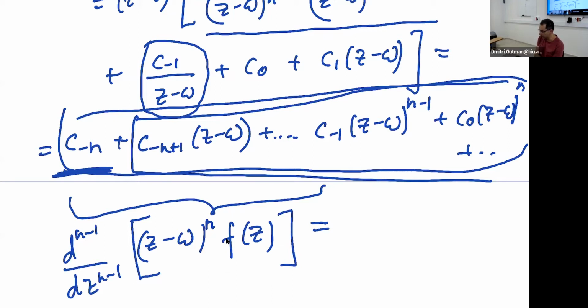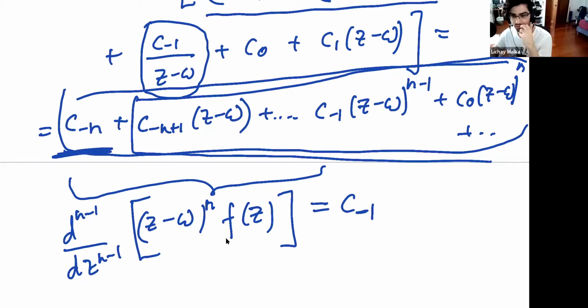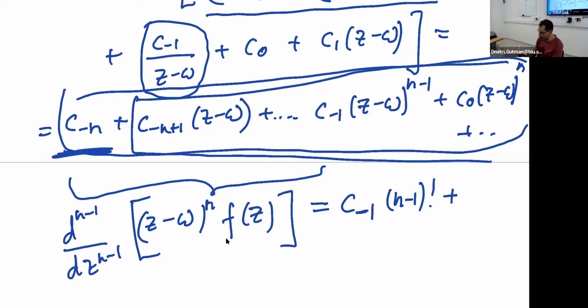What would be the first term that survives? c minus 1. It will be c minus 1 with the coefficient. What is the coefficient? N minus 1 factorial? Correct. And next term will be c0 and factorial times (z minus w) and so on.